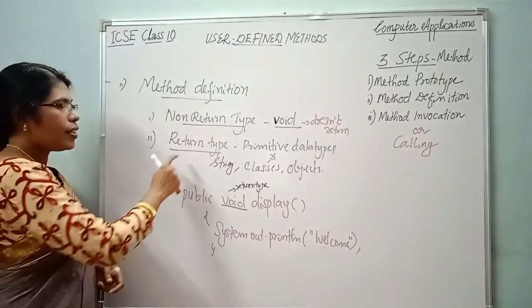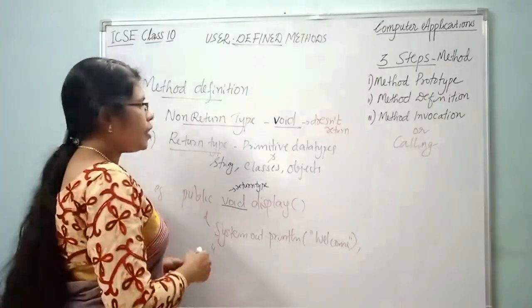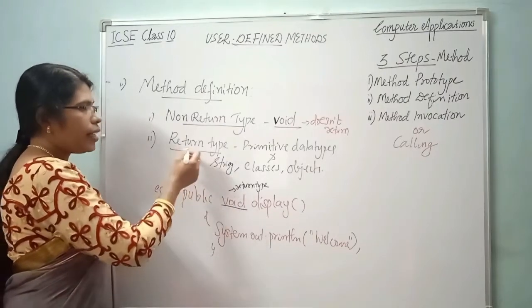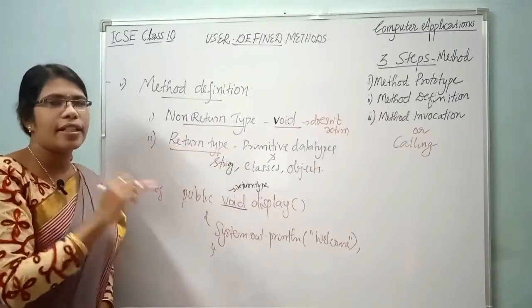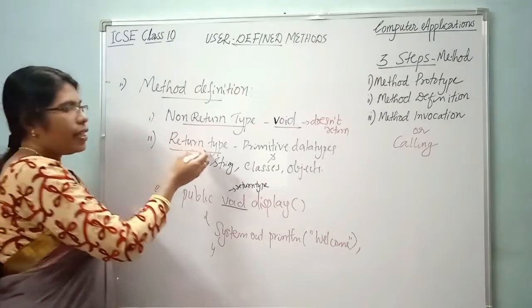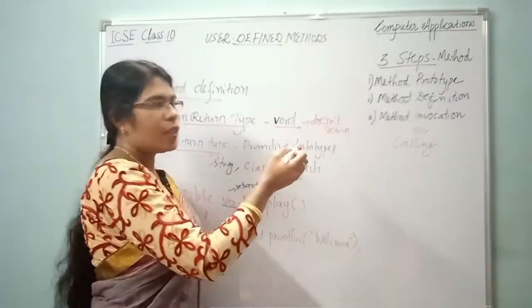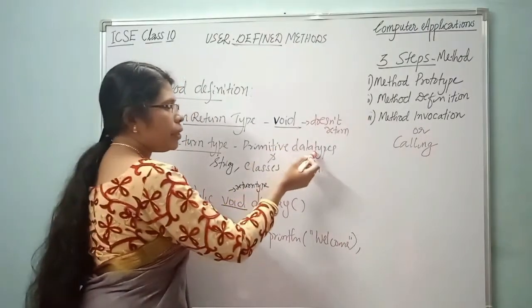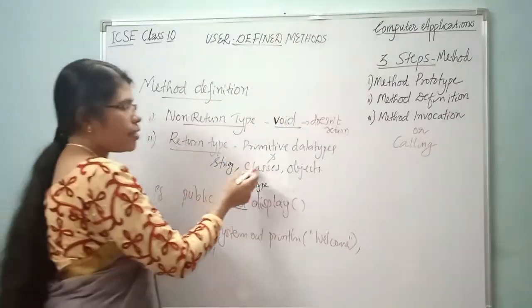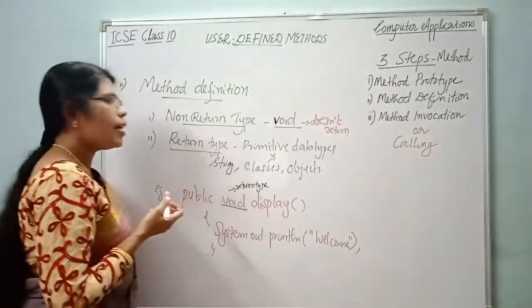The second one is return type. In return type, instead of void, we are not using void there. Return type means it has to return some value to the calling statement. So all the 8 primitive data types along with string we can use as return type, classes and objects also we can use as return type.